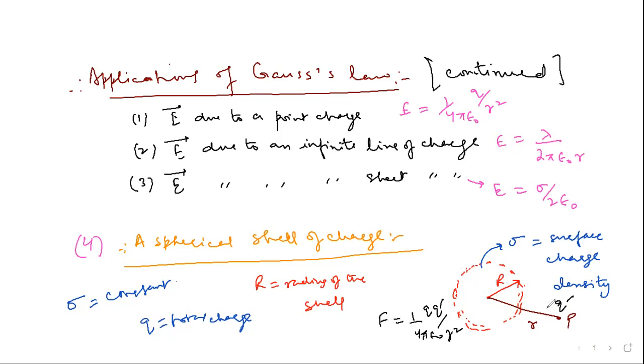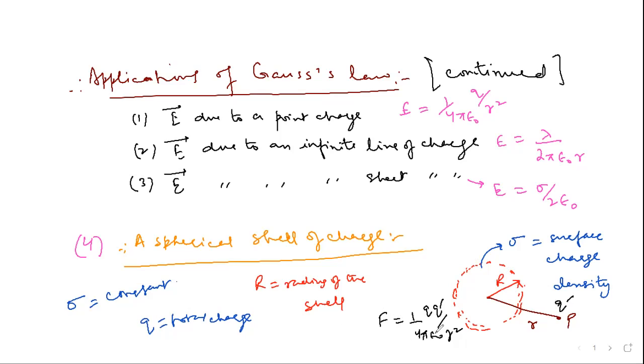This is the meaning of this first shell theorem. That if I place any charge outside this shell, right, then the shell of charge will behave as if all its charge were concentrated at the center. That means the force exerted by the shell on the charge outside the shell will be same as if the shell is a point charge located at the center.